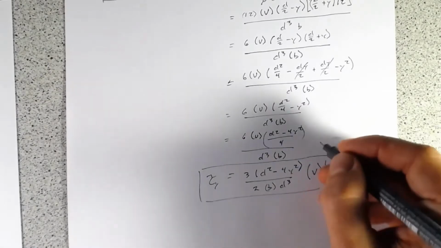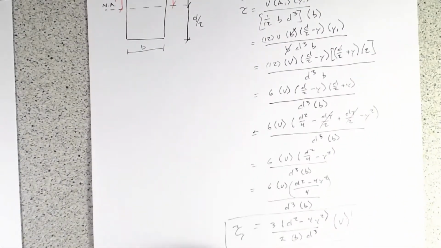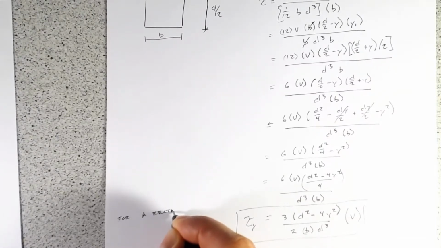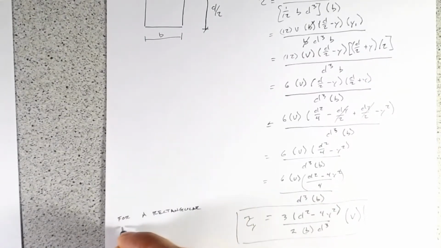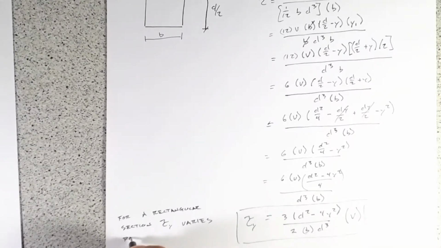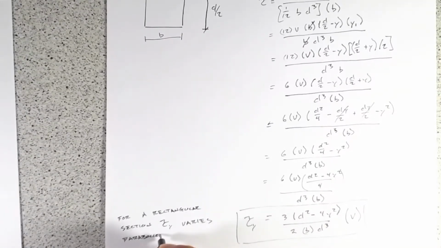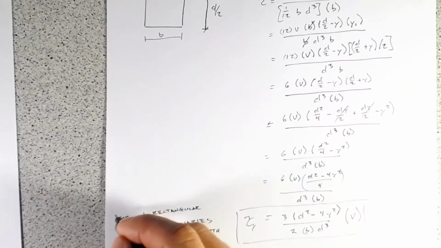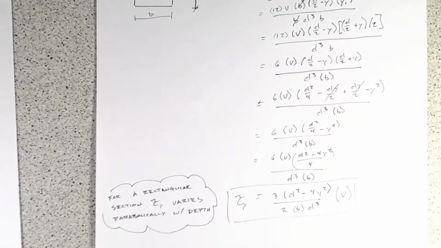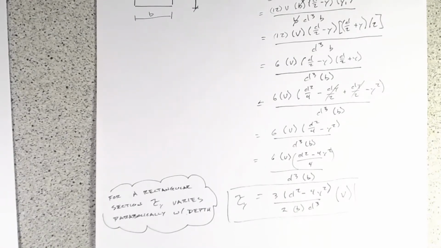So for a rectangular section, tau y varies parabolically with depth. That's powerful and really important, because this is true for any rectangular section as long as it's loaded parallel to its strong axis.